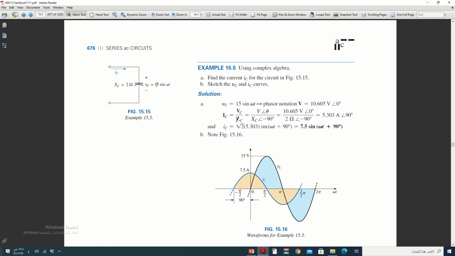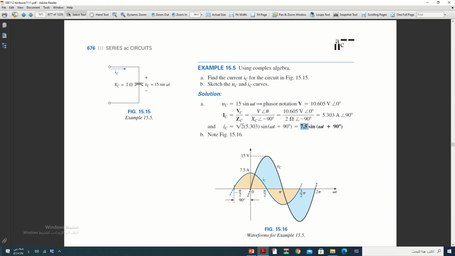If we divide it by ZC, which is XC with angle minus 90, it will be 5.3 with angle minus 90. It will become 90. To convert this to peak value, multiply by root 2, and the final answer is 7.5 sine omega t plus 90. Plus 90 means it starts from minus 90.